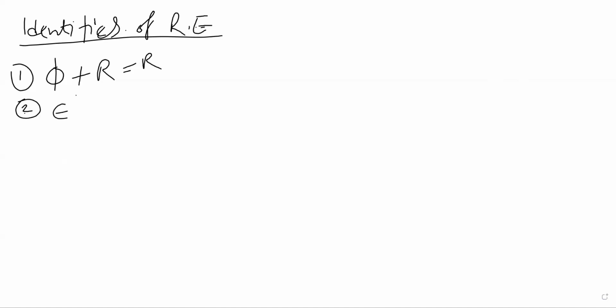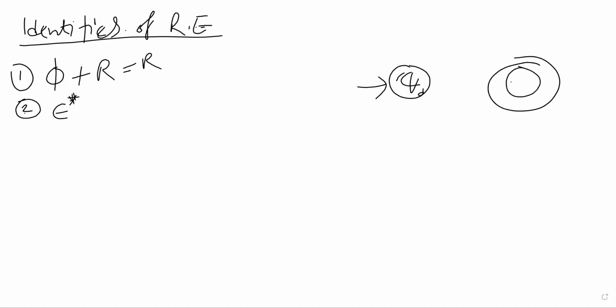If you apply lean closure on epsilon, we need to remember that epsilon means an empty transition, while phi means nothing. You remember the finite automata if you have any doubt. If we have a finite automata like this, there is no transition between the initial state and the final state.